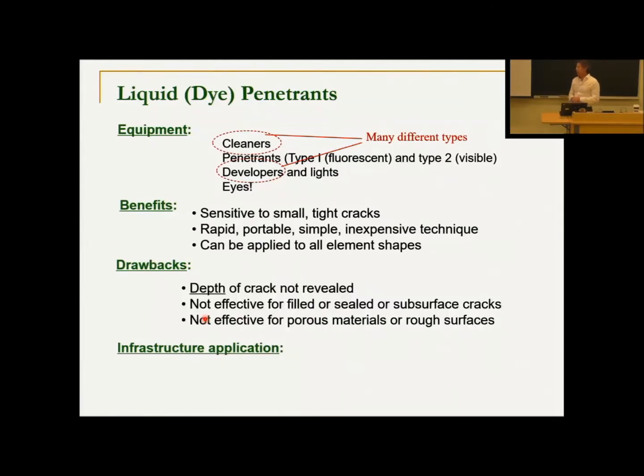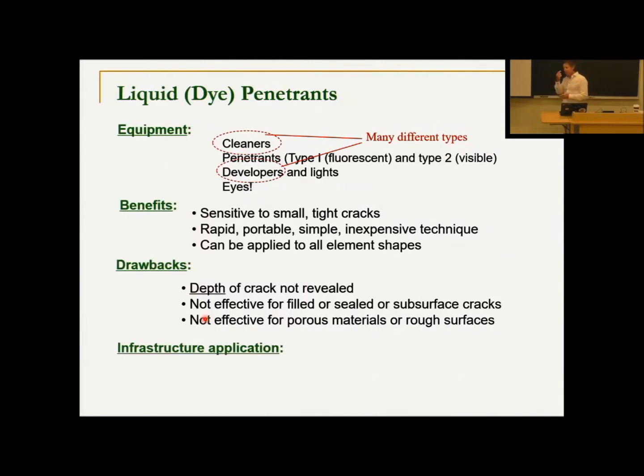The drawbacks are twofold. One is that we see where the crack is located on the surface, but we don't know how deep that crack is. We don't have any further information about the crack. Is it very deep? Is it shallow? Does it curve? What is its morphology? And so on.